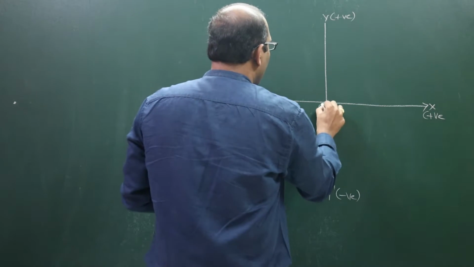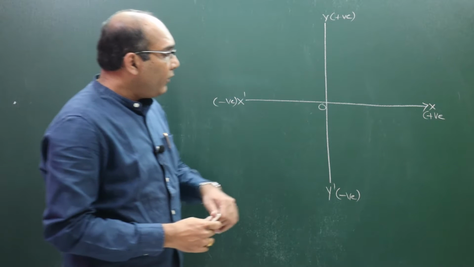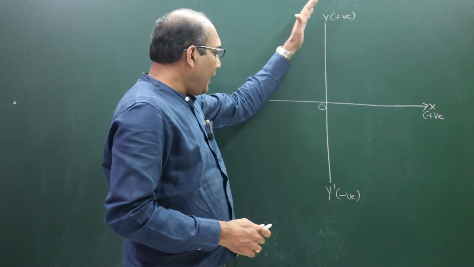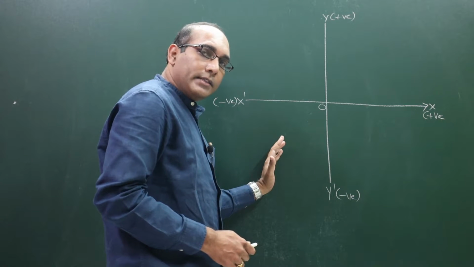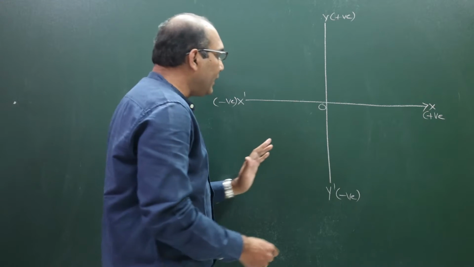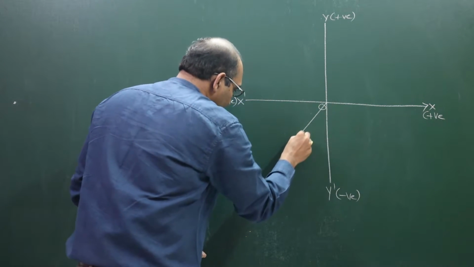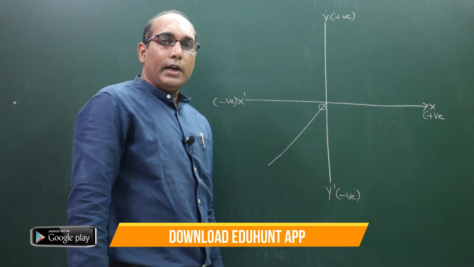The intersection of these two is the origin. Now, if OX is rotated in the anti-clockwise sense and reaches the third quadrant, that is when the terminal side lies in the third quadrant, something like this. This is the terminal side.